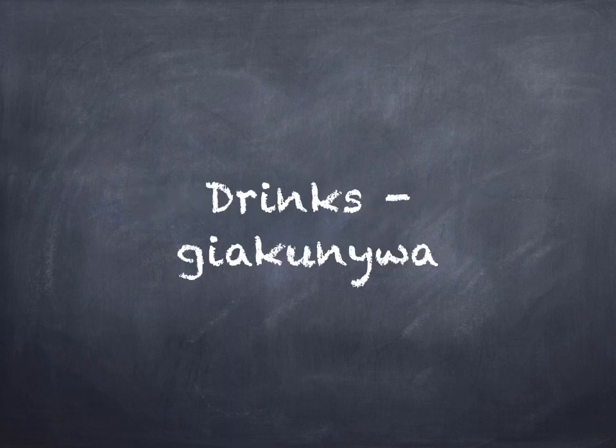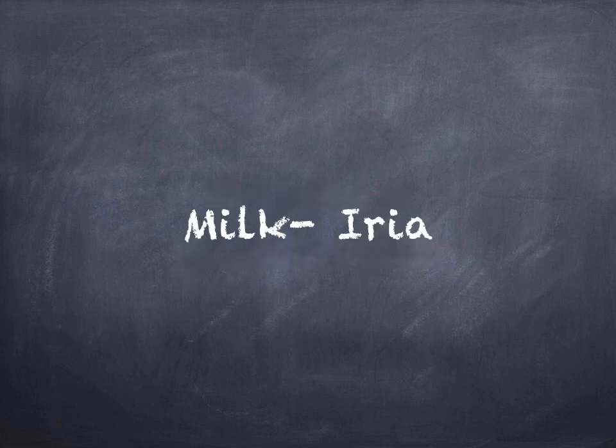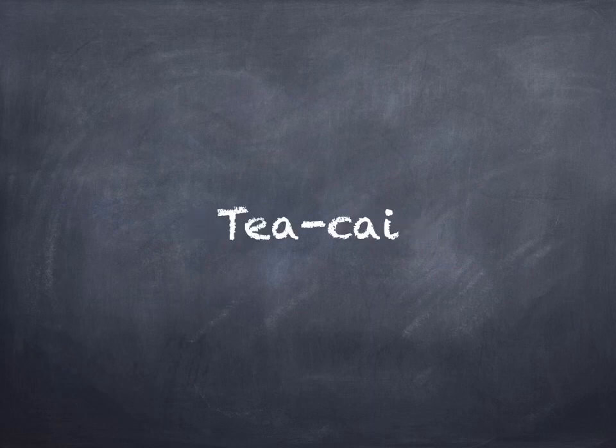Drinks in Kikuyu are known as Gîkûyû. This list includes milk known as iria. Tea known as sai.